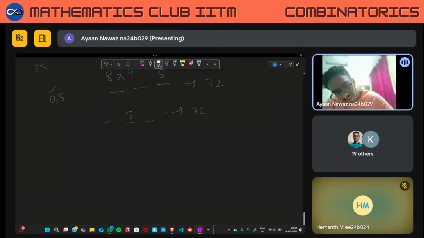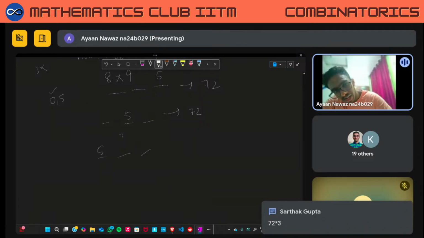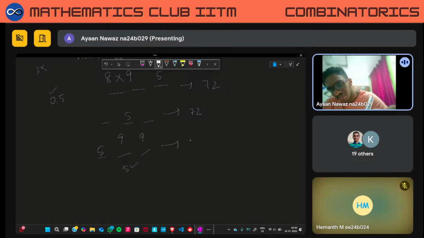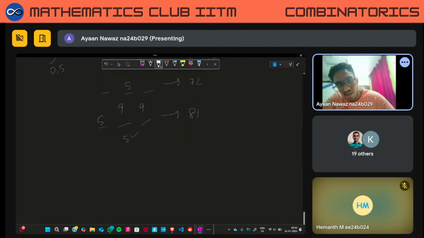Now, if the first digit is 5, then the second and third places can have 9 digits each because they can have anything except 5. A 0 in the second place still makes a 3-digit number. So 81 ways, because 9 into 9 is 81. Now if there are two fives, suppose the first and second places are 5, we'll have 9 ways because the last place will not be 5.